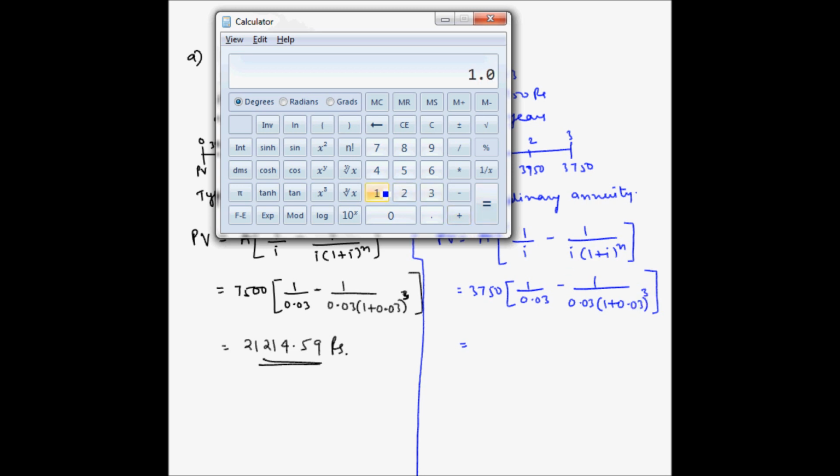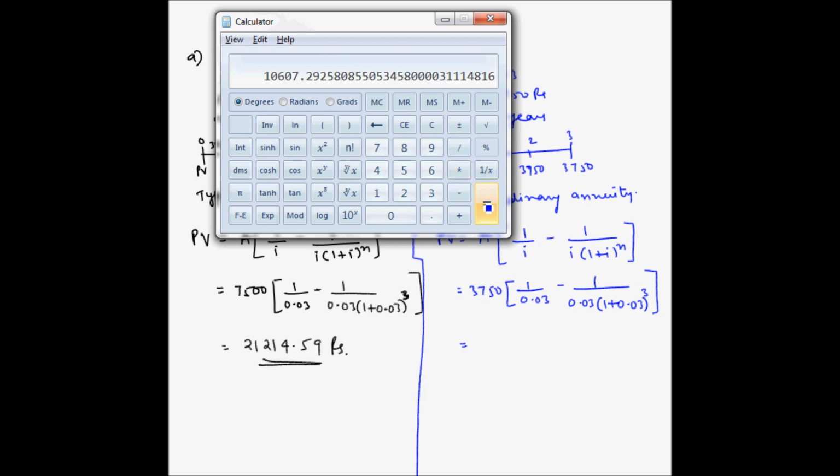So 1.03 cube multiplied by 0.03, and the reciprocal of this, and since this is negative, plus 0.03 and reciprocal of this, so 0.03 reciprocal is equal to, and this multiplied by 3750.